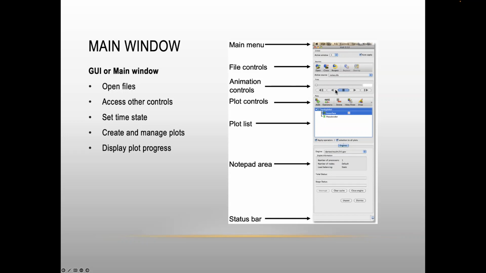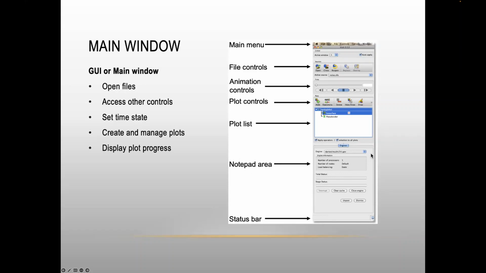They only appear if VisIt detects a pattern of multiple steps there; otherwise, you wouldn't see them. Then you have plot controls: add, operator, delete, hide, show, and draw. That's where you will spend time adding different types of plots and different types of operators. Anything you add will appear in this window, which shows the plot list.